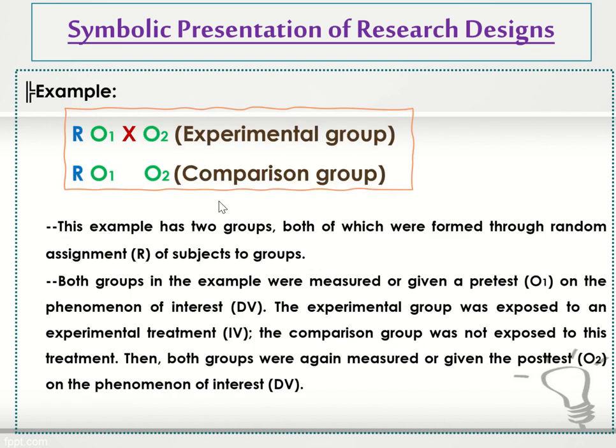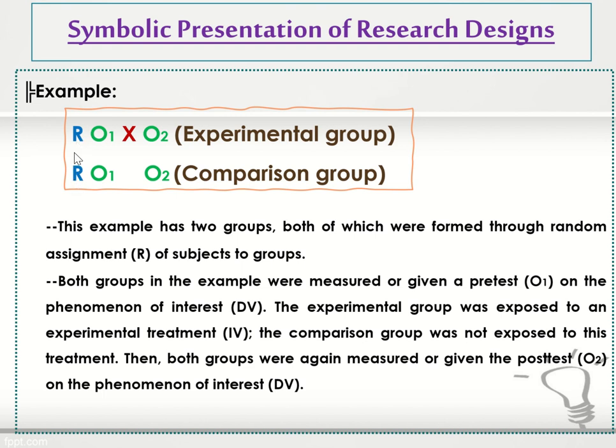To make it clear, let's have an example. So we have these symbols for our example. So this example has two groups, experimental on top and comparison below. Both of which were formed through random assignment as indicated by R. Okay?